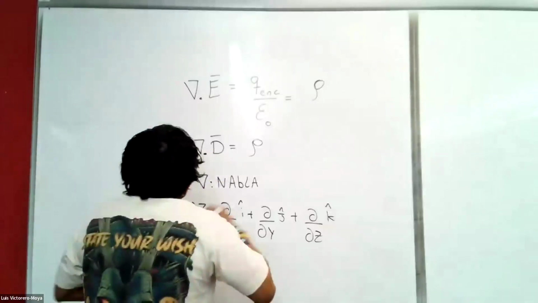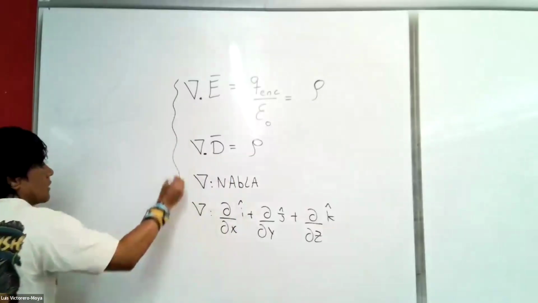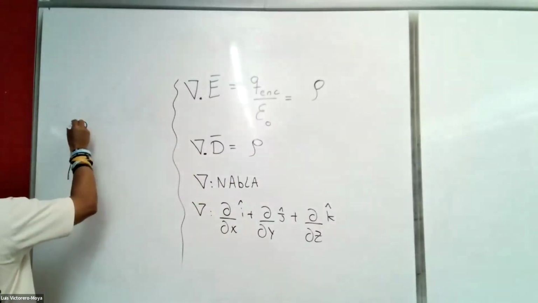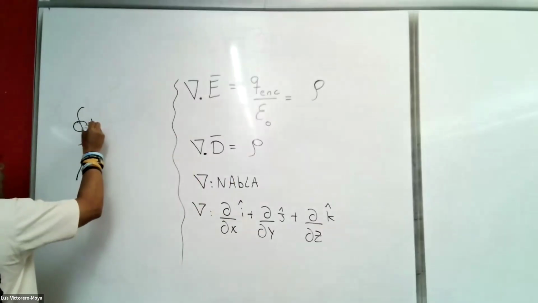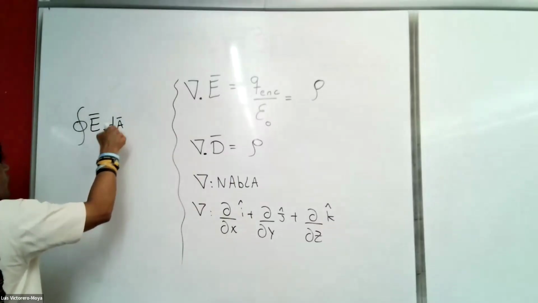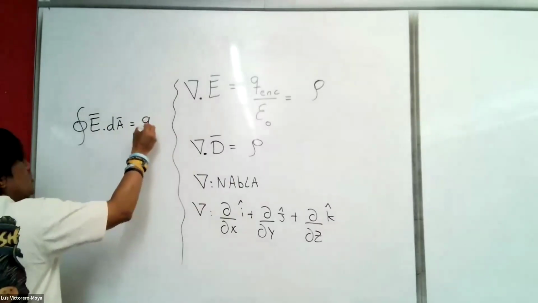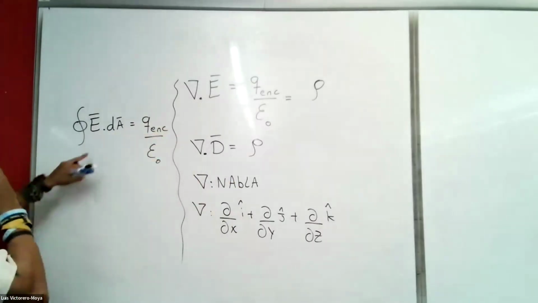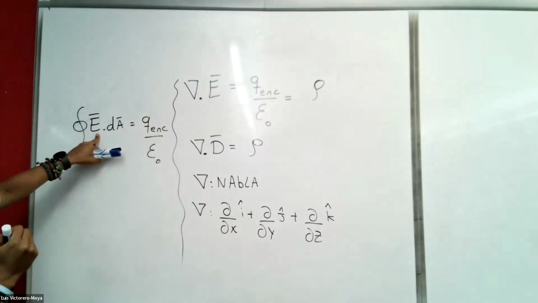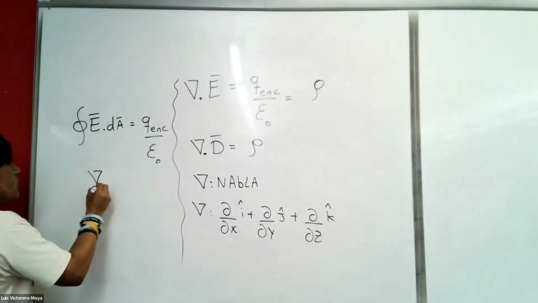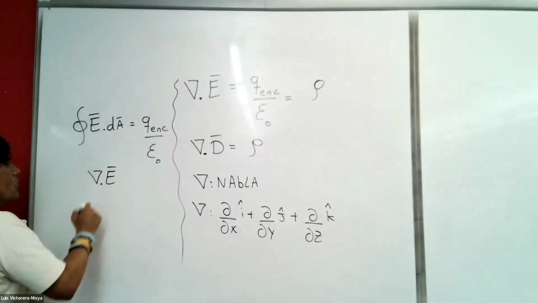Now you're going to learn in the course, the first way you learn this is by the surface integral of the electric field dot the area, let's put the area for now like that, is equal to the charge enclosed over epsilon naught. And you're going to learn that the surface integral can be rewritten as the divergence of the electric field.